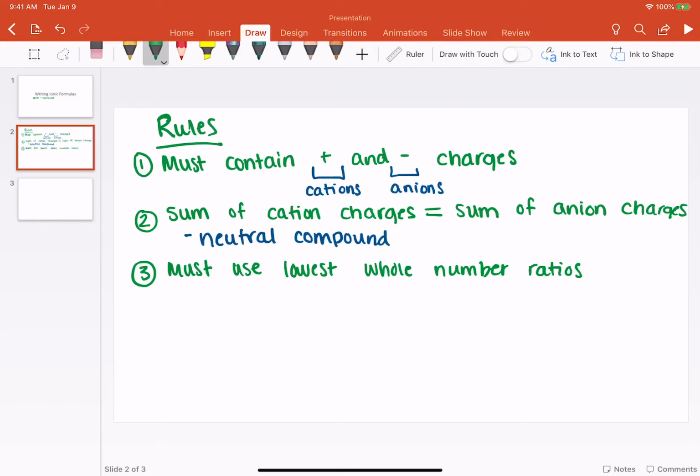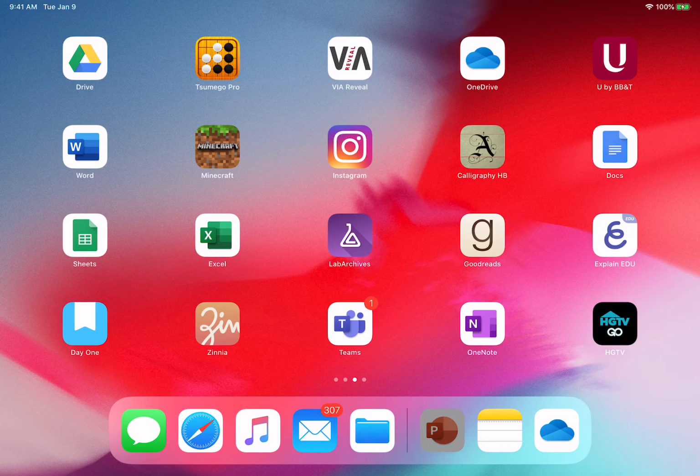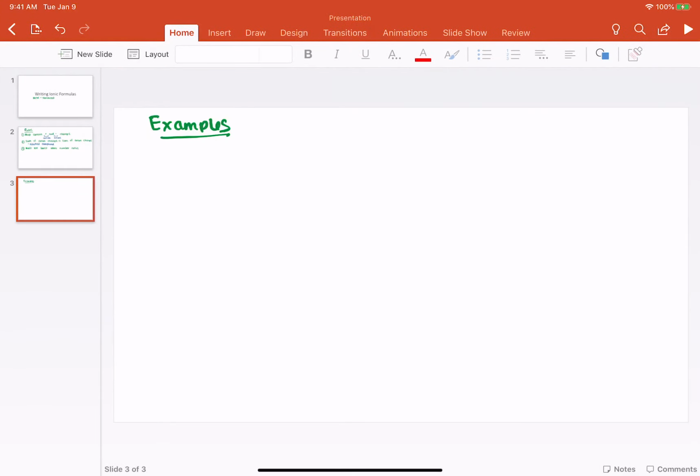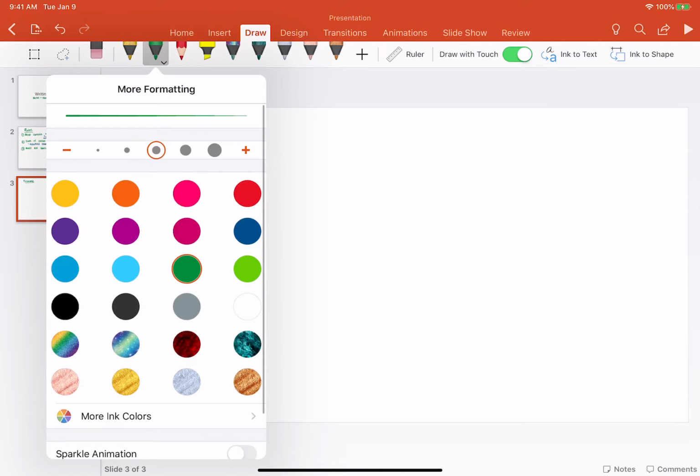So let's look at some examples here. For our first example, let's form an ionic compound between 2 different elements.